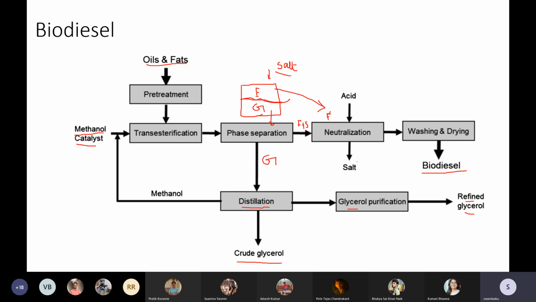Glycerol has many applications, starting from soaps to many others. So this is a way to produce biodiesel from the oils and fats.